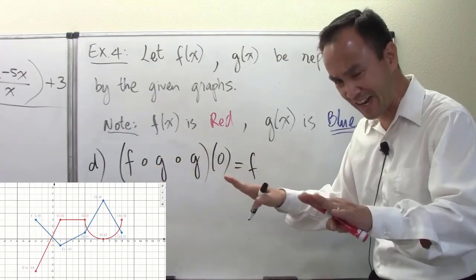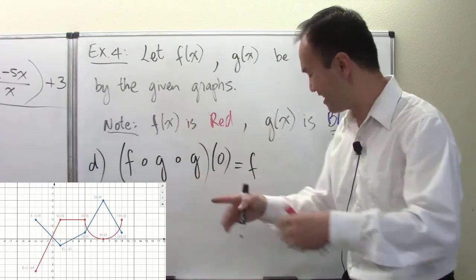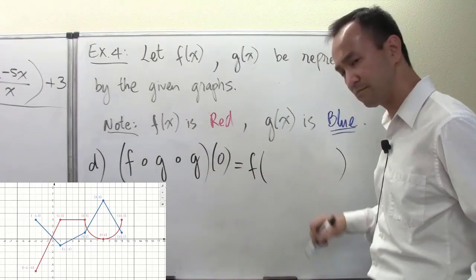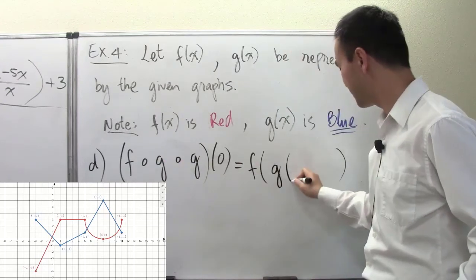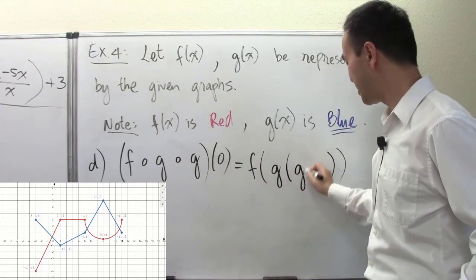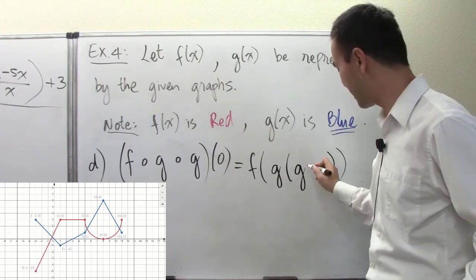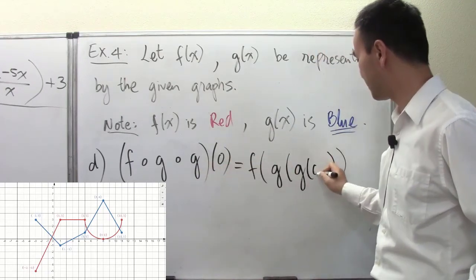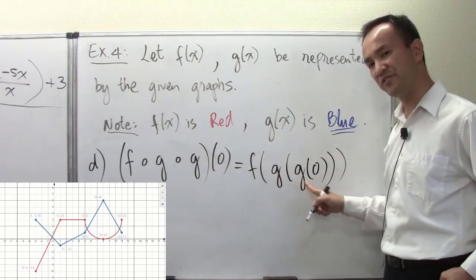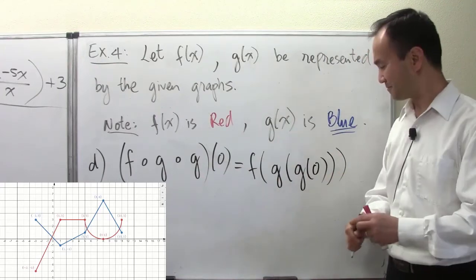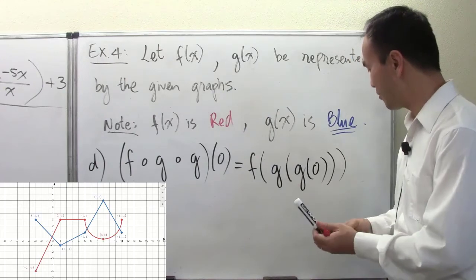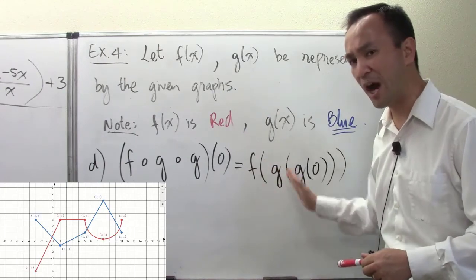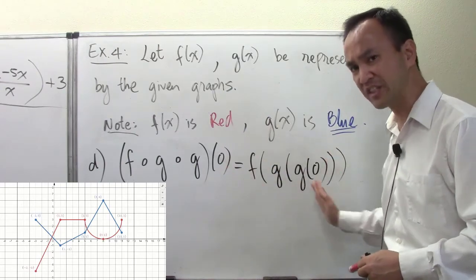When we're writing it from the outside in: f of g of g, and then inside of that at 0. All right, f of g of g of 0. Now when we're evaluating it, we're going from the inside out.